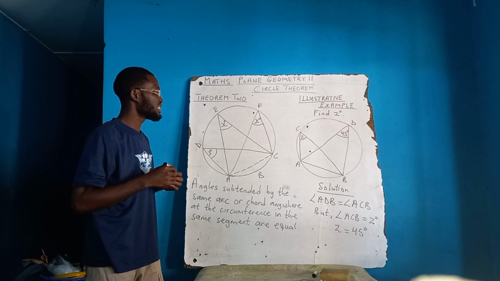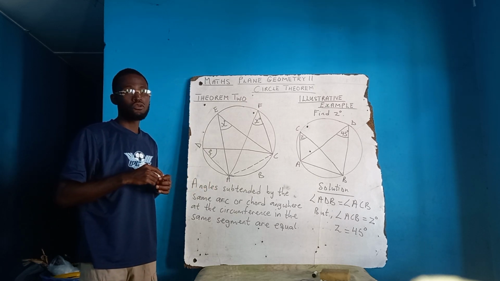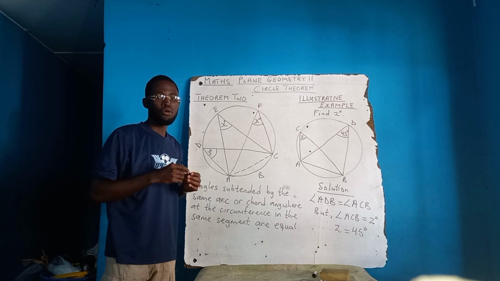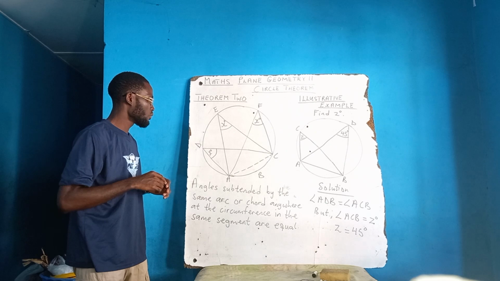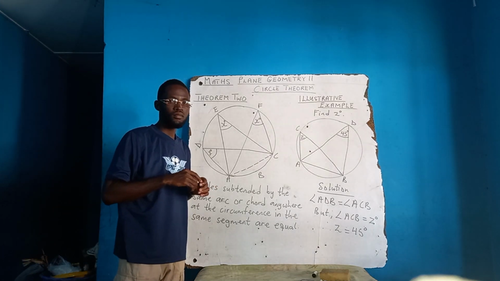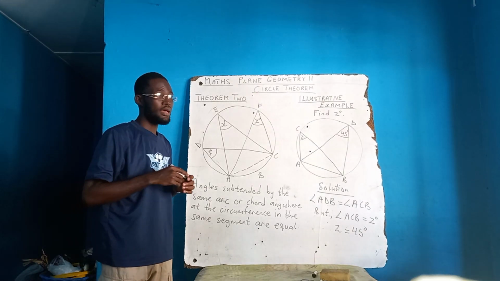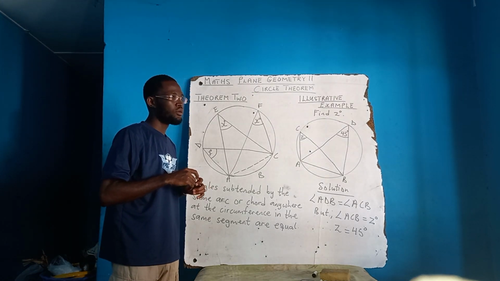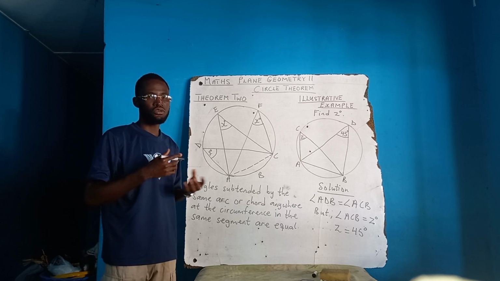So this is the simplicity of circle theorem 2, and it's so far the easiest among the theorems we've discussed in my lessons. I'll be drawing the curtains on circle theorem 2, and then I'll continue with circle theorem 3, and we'll also have derivations on that.